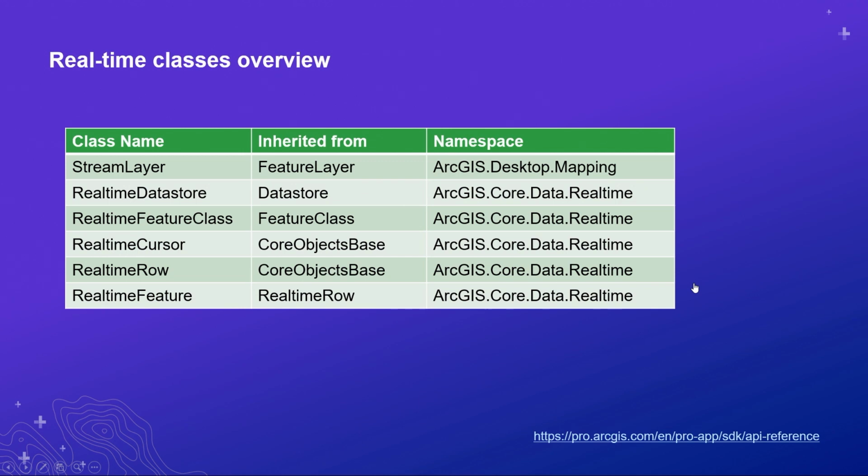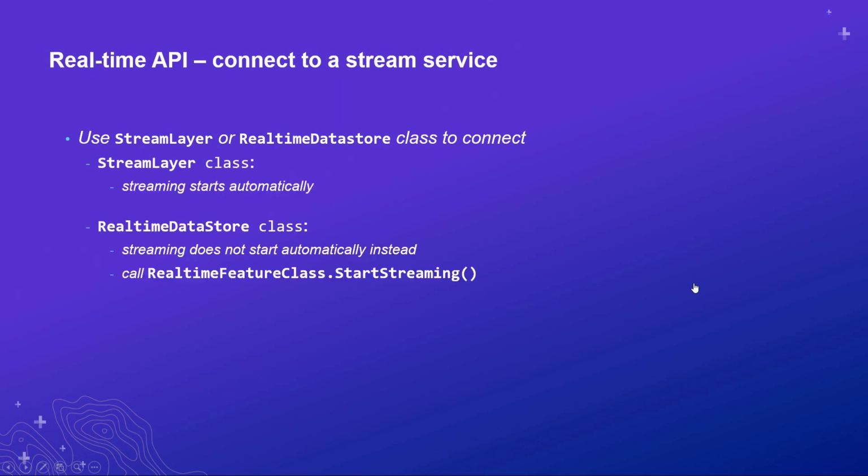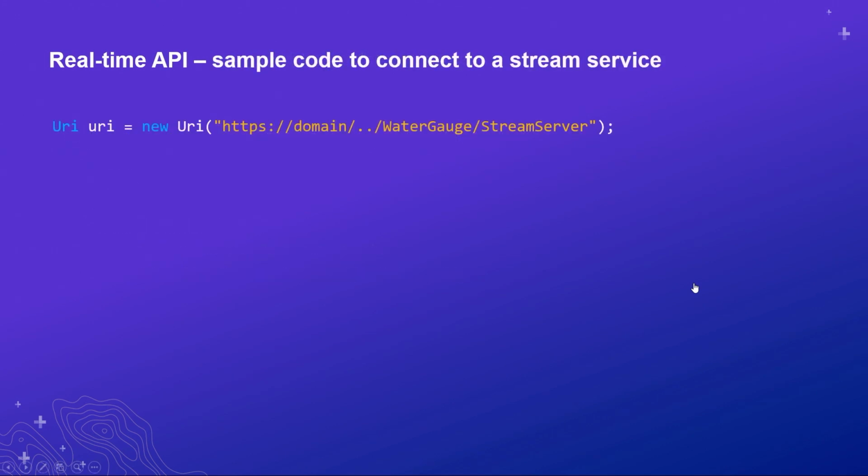Let's take a look at how we can connect to a stream service. You can use the StreamLayer or real-time data store class to connect, right? If you use the real-time data store class, you have to make an explicit call to start streaming. On the other hand, if you use the StreamLayer class, the streaming starts automatically. Here's a code snippet.